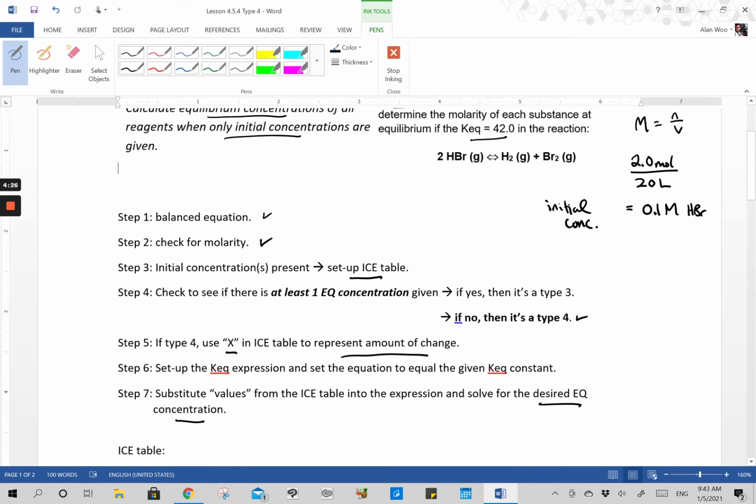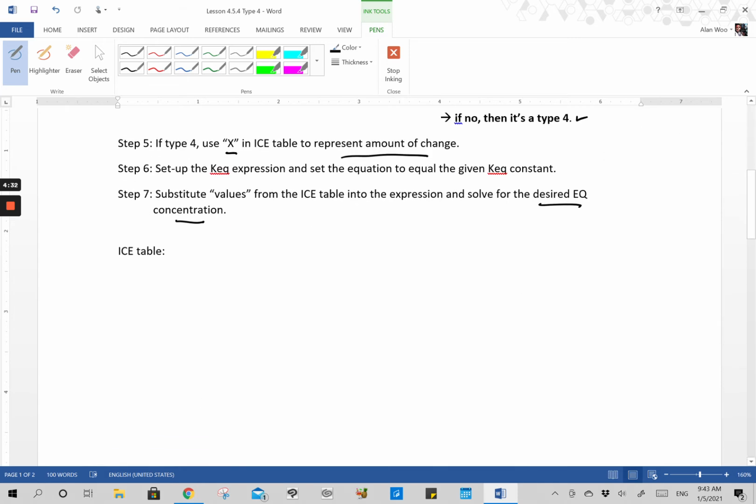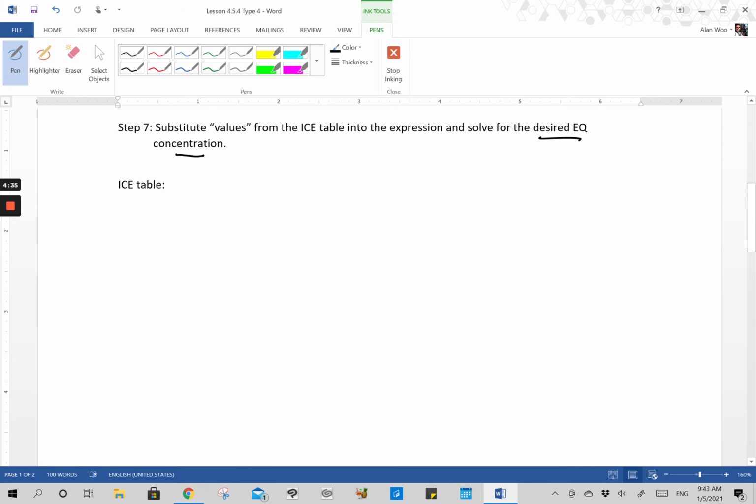So let's set this up and see how it works. Whenever you're doing an ICE table, you want to make sure that you have your reactants and products at the top. So we have 2 HBr, 1 H2, and 1 Br2.